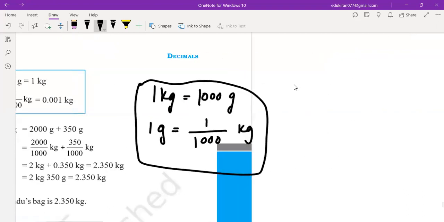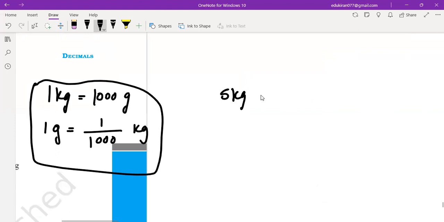Okay, so do me 5 kg converted into grams, and 5 gram converted into kg.